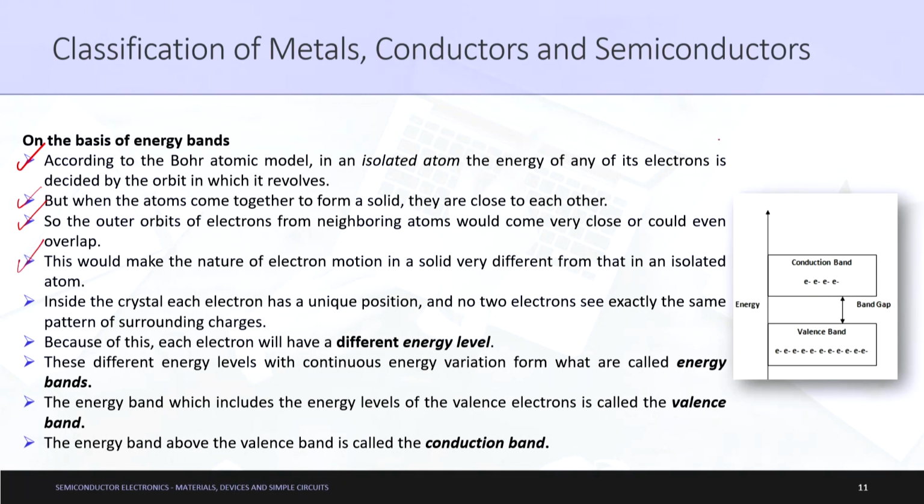So this was the major crux I needed to make you understand. This is the introduction part of energy bands. An isolated atom will have electrons moving in energy states, but as we try to form a solid, all the orbits will come very close to each other, and the nature of electron motion will be very different from the isolated atom.